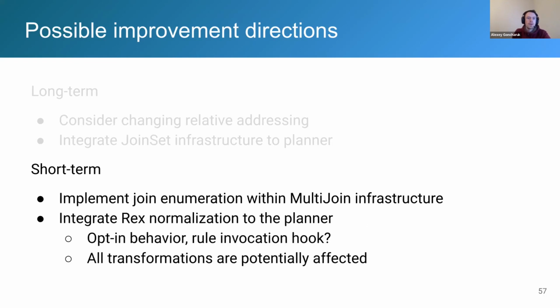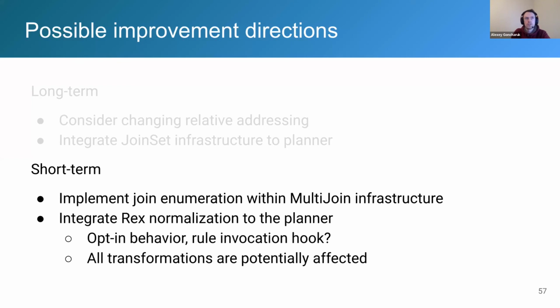And another thing to tackle, I think, maybe is to integrate the expression normalization in the planner. And I think, at least as a discussion point, we can integrate this as a hook, and we can normalize expressions for each relational node that is produced by a rule.